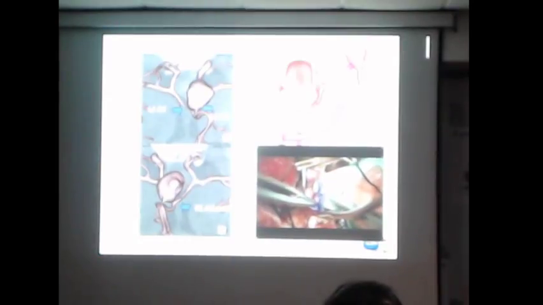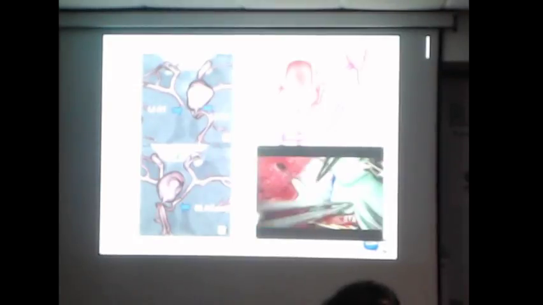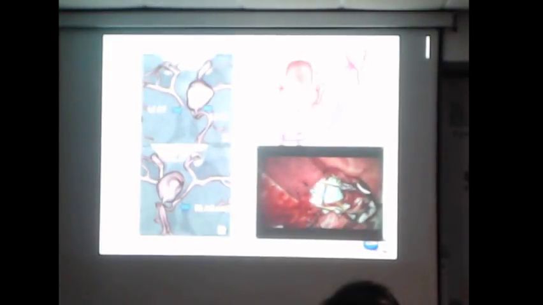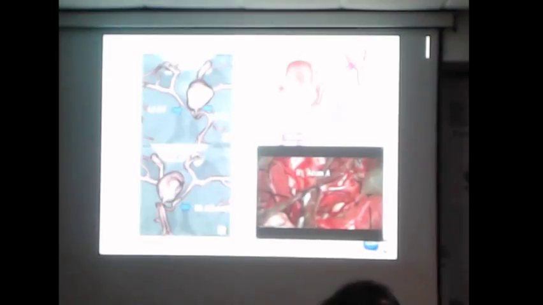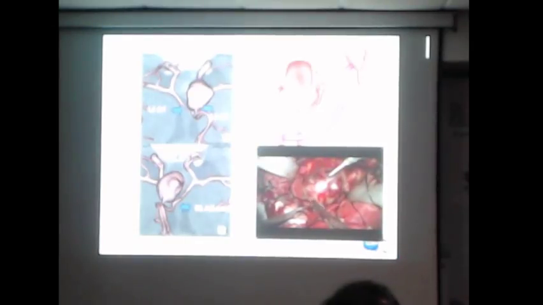Supine position and a bicoronal skin incision. Now I suture the radial artery to the ACA, then the radial artery to the STA. The distal ACA reconstruction, and the right side A-comm already clipped, and then left A1 and A2 temporarily clipped.